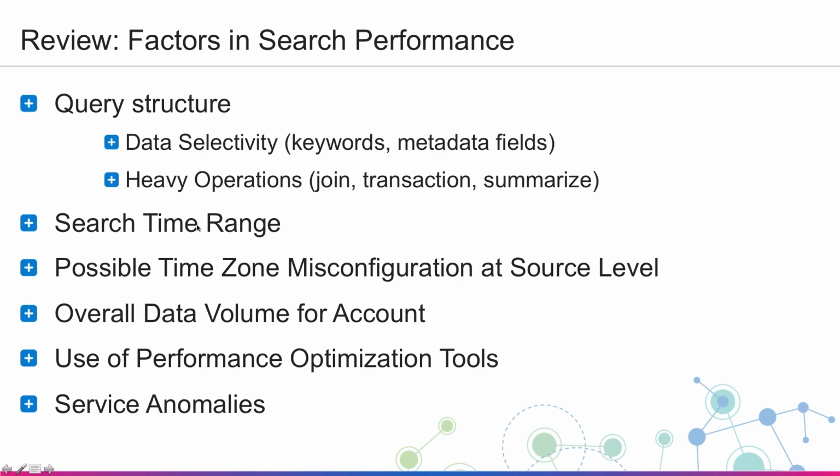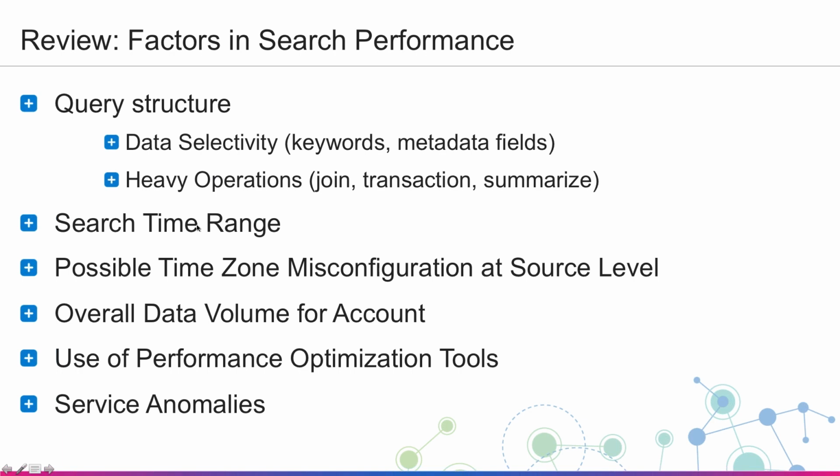Some of the factors in search performance that we reviewed today are your query structure. So again, be very selective by using keywords and metadata fields to narrow the scope down. Everything before the first pipe in your query string should only include the things that you want to search.